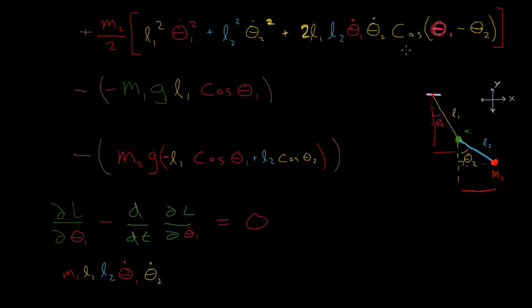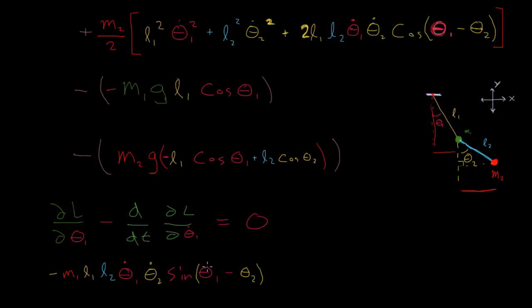When we take the derivative of cosine, we will get negative sine of theta 1 minus theta 2.